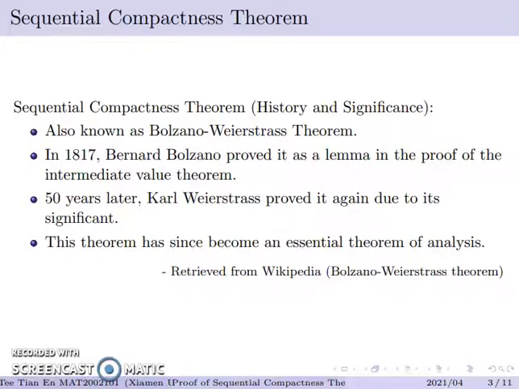So, what is the sequential compactness theorem? I have found some data from Wikipedia. First, the sequential compactness theorem is also known as the Bolzano-Weierstrass theorem. In 1817, Bernard Bolzano proved it as a lemma in the proof of the intermediate value theorem, which is another important theorem in mathematics.